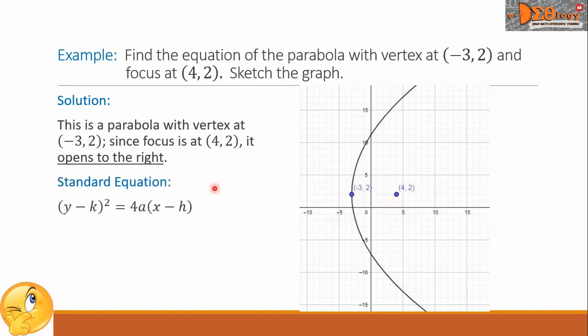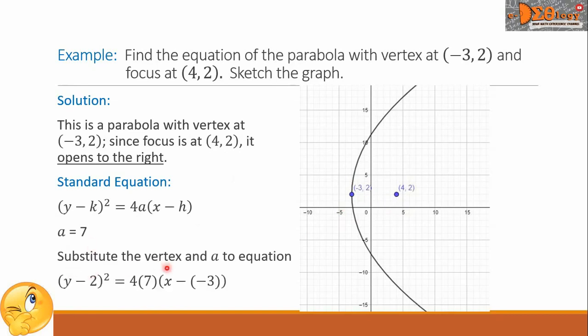Let us write the standard equation of the parabola, and it's here now. Then we can take the distance from the vertex to the focus, and this is a equals 7. Let us substitute the vertex and the value of a into the equation, and we have now the square of y minus 2, that is for this y minus k, equals 4a, which becomes 4 times 7 times the quantity x minus h.